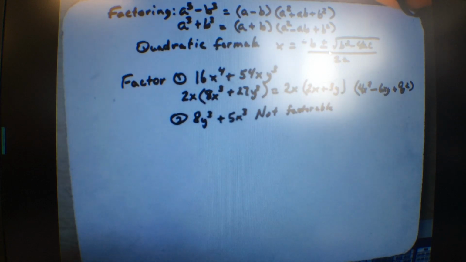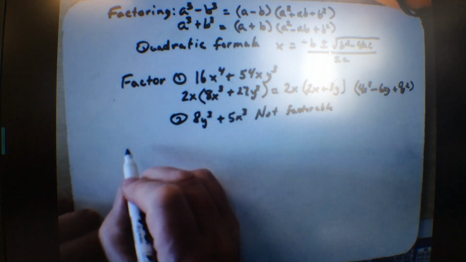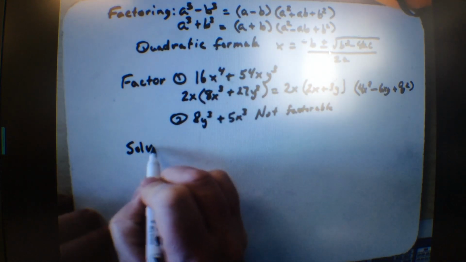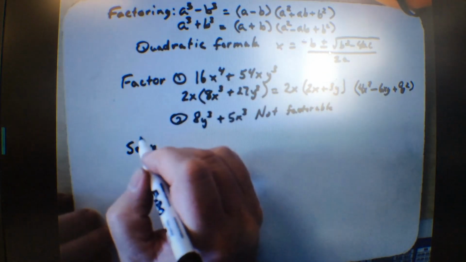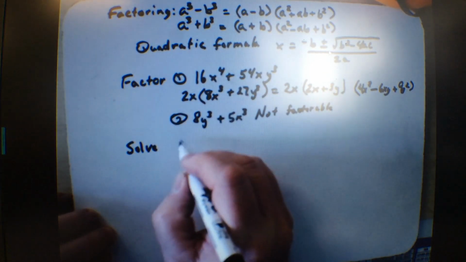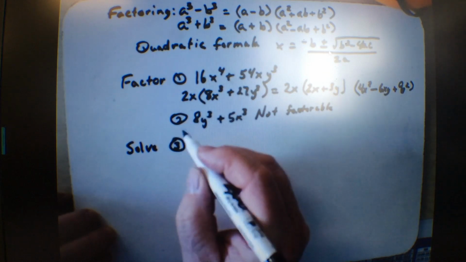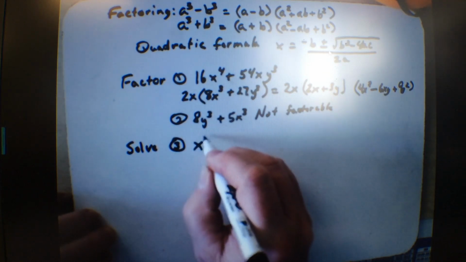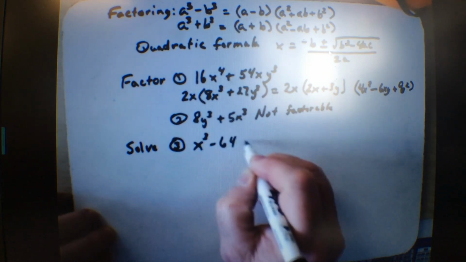Okay, so if the direction said solve the equation, because you'll have a couple of these in your assignment. So now it's going to say solve instead of factor. Number 3 is x cubed minus 64 equals 0.